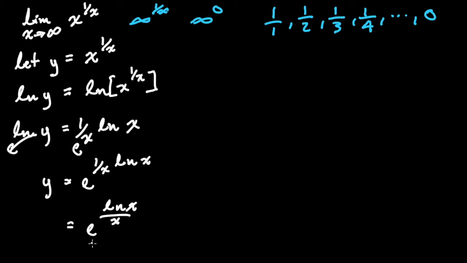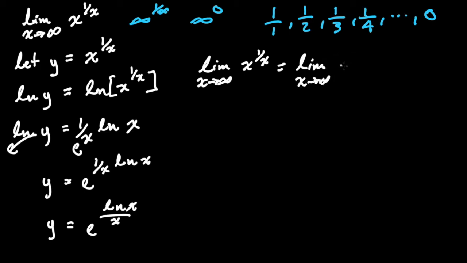And our next step in this was to put this y back into our limit. So we can then write that our limit, as x goes to infinity, for x to the 1 over x is also equal to the limit as x goes to infinity for e to the ln x over x.